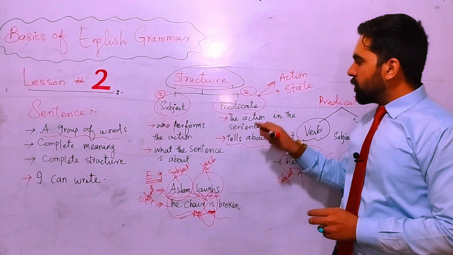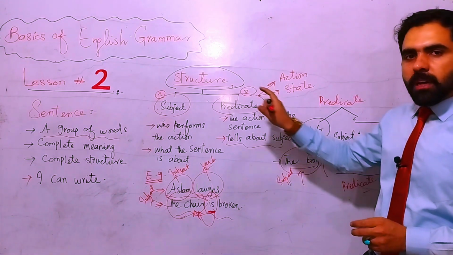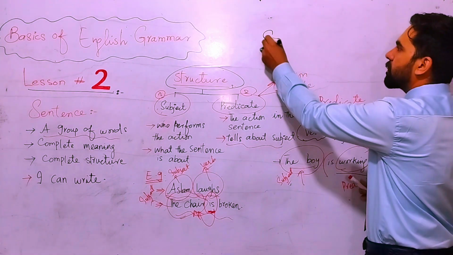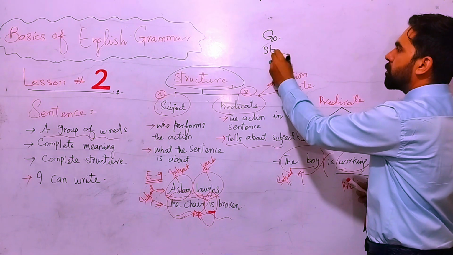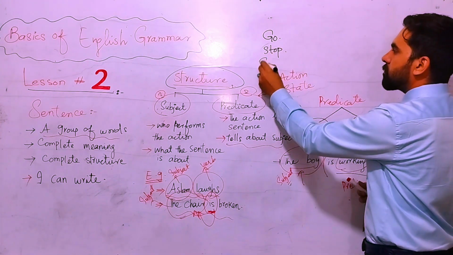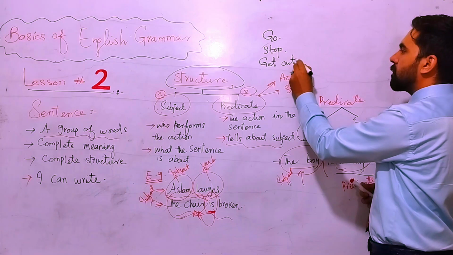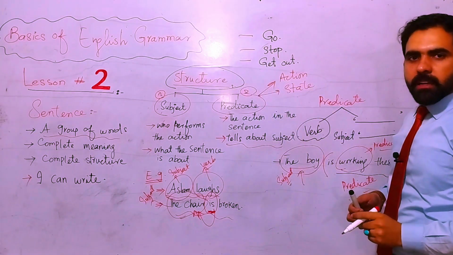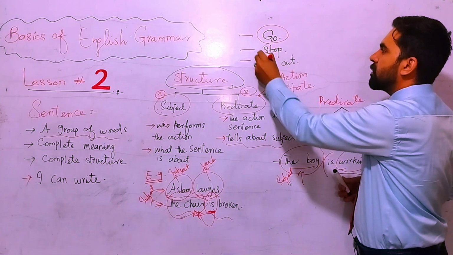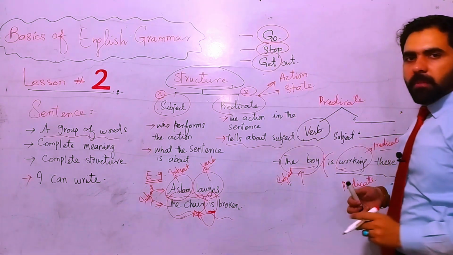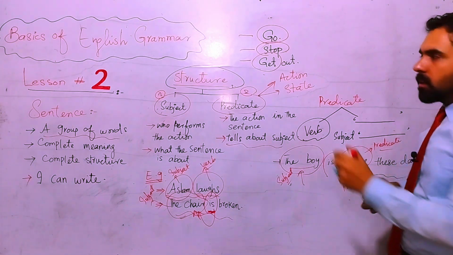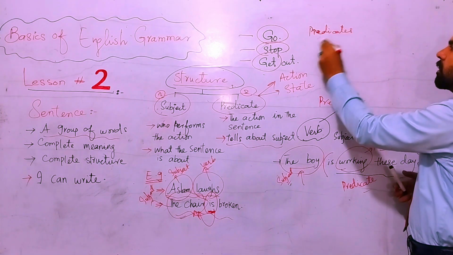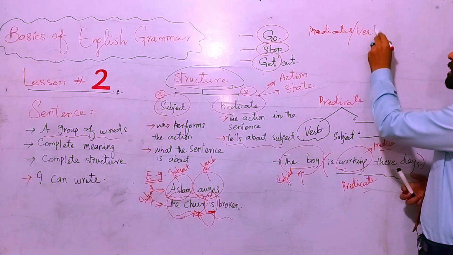Okay, I have just told you a sentence can be written without a subject, but a predicate must be there. Look at the sentences. Go, stop, get out. Now look, there is no subject attached to any of them. But the main thing is all of these words are predicates, or you can also name them verbs.